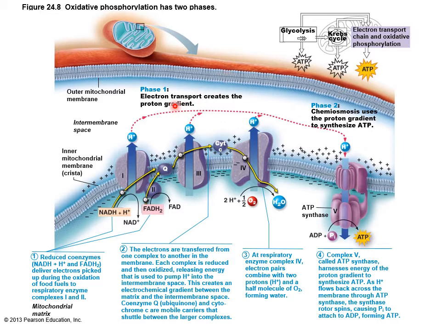And the only way that they can get through is that they have to come through this little channel. That's the only way that they can get through. And that channel is called an ATP synthase. So when the hydrogens start to build up pressure and they rush through, this molecule has a channel going through the middle, and it has like a rotor that spins when the hydrogens rush through.